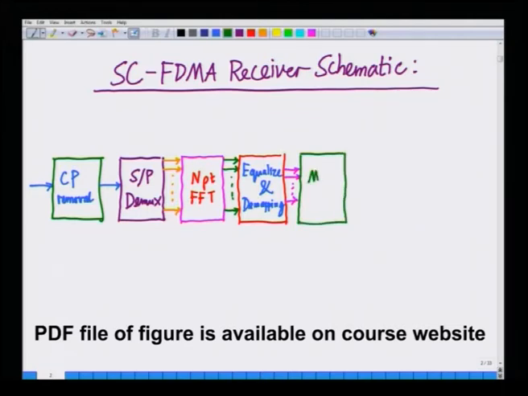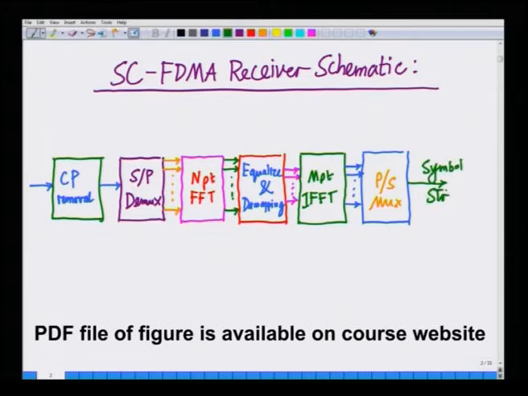we perform the M point IFFT operation. After we perform the M point IFFT operation, I can serialize this, converting from parallel to serial, which is essentially multiplexing this into the symbol stream.